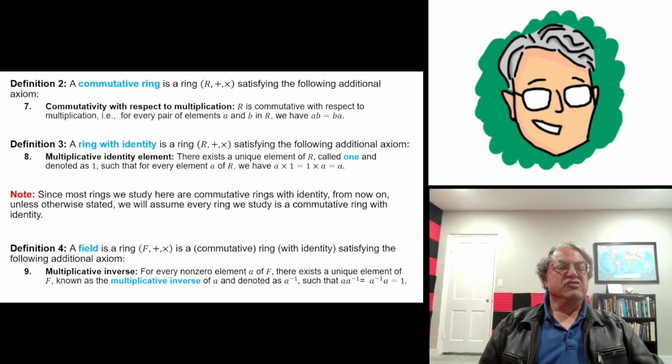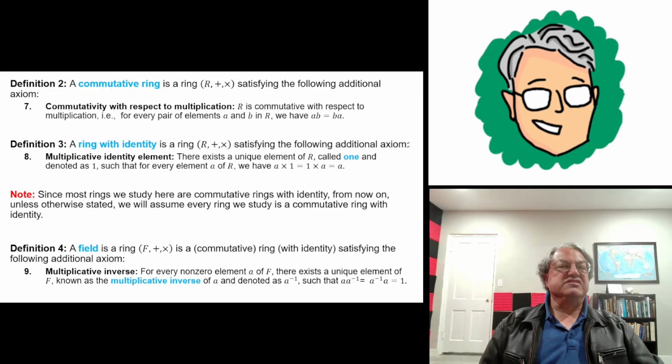So from now on, whenever I say ring, unless I say otherwise, we can always assume that we're talking about commutative rings with identity. And I think you also know I gave you this definition already of a field. A field is a special type of ring. We usually use the letter F for a field, and it satisfies a ninth axiom, namely multiplicative inverse.